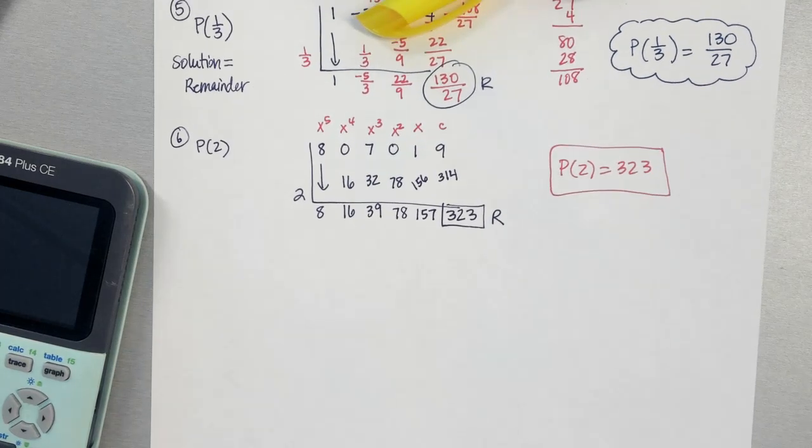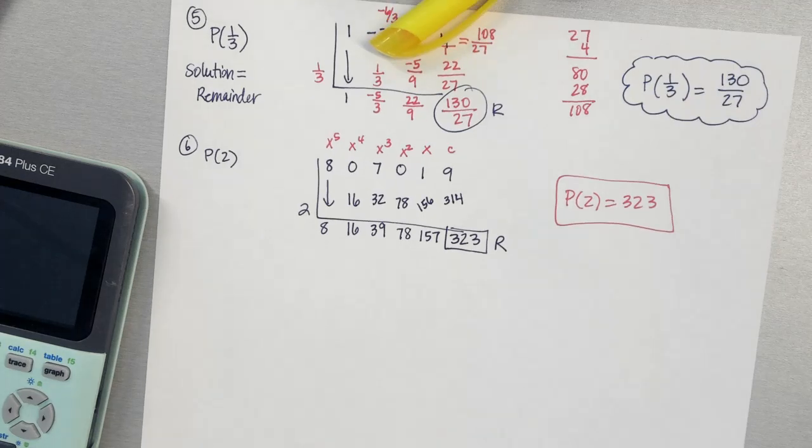Unless it says synthetic division, you are going to make sure that your answer is your remainder. This is the synthetic division and the remainder theorem to evaluate.